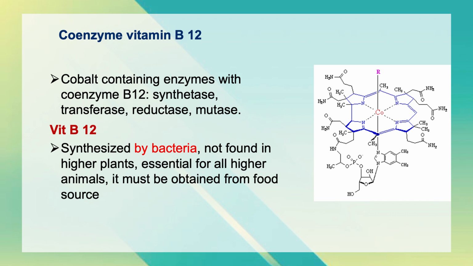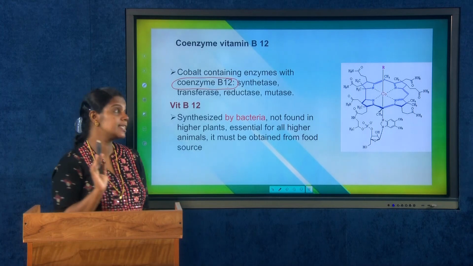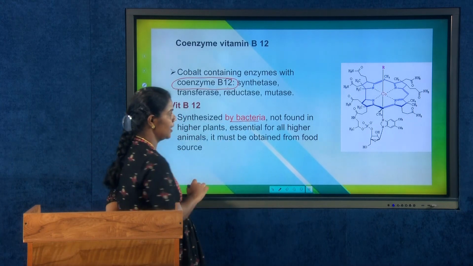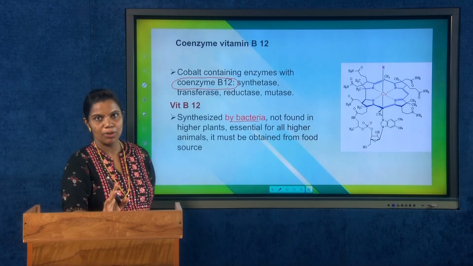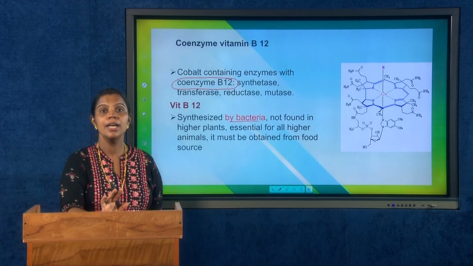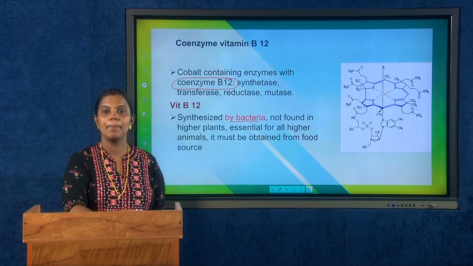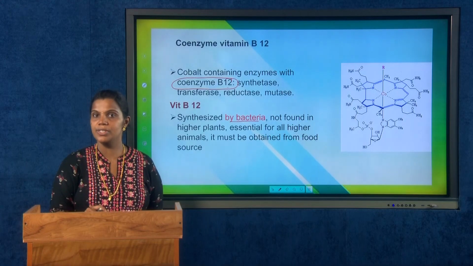This coenzyme B12 is also found in synthetase, transferase, reductase, mutase and vitamin B12. Vitamin B12 is actually synthesized by bacteria and not found in higher plants. Very important, this vitamin B12 is not present in higher plants, but it is synthesized by certain bacteria and it must be obtained from various food sources.